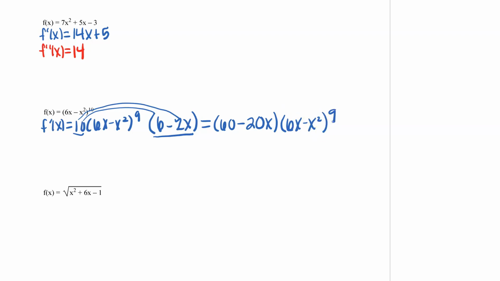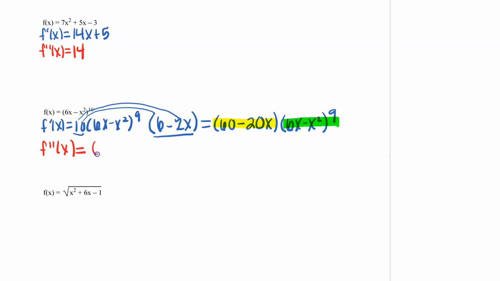And I cleaned it up like that so that when I now go into my second derivative, I'm not dealing with too many pieces. Now for the second derivative, we do have two functions here. I have one function here and one function here. So I'm going to have to do product rule and chain rule with this one.